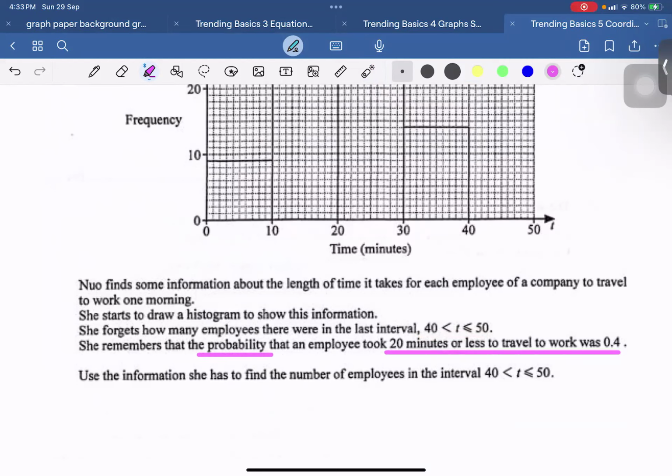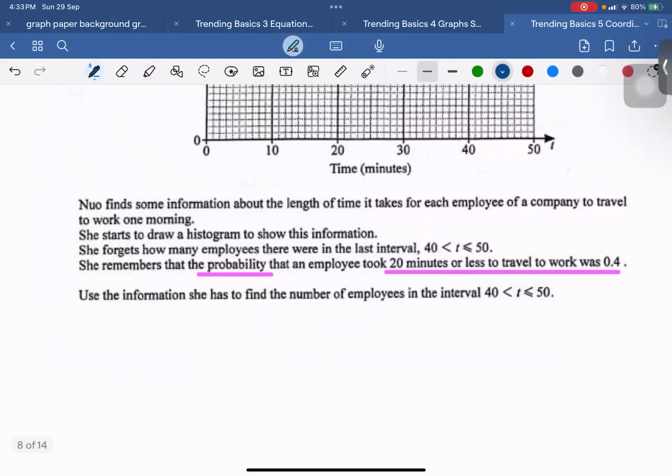So for probability, I need to find the total frequency first.